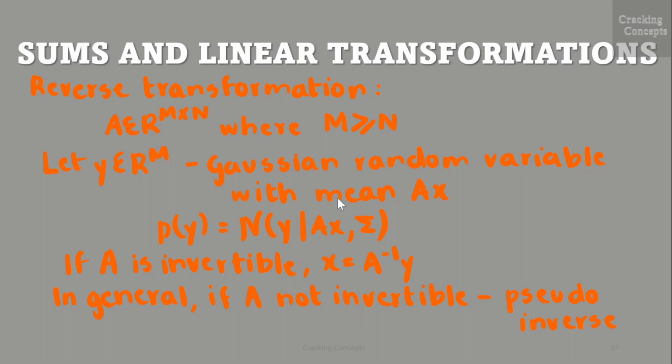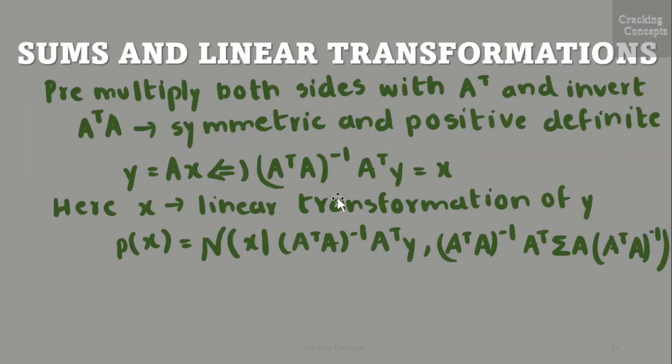However, in general, A is not invertible and we use an approach that is similar to that of the pseudo-inverse. That is, we pre-multiply both sides with A transpose and then we invert A transpose A, which is symmetric and positive definite. This gives us the relation y is equal to Ax, which is equivalent to (A transpose A) inverse A transpose y equal to x.